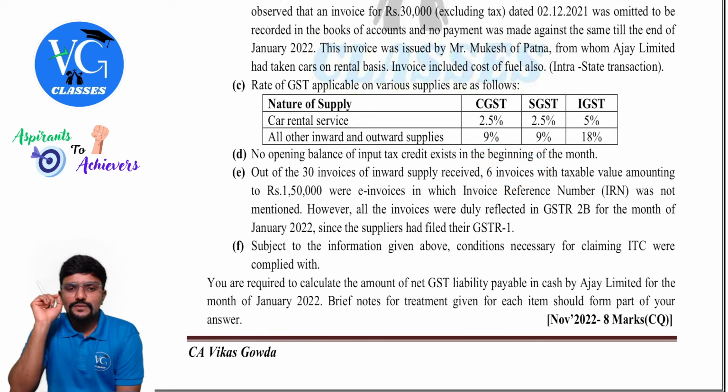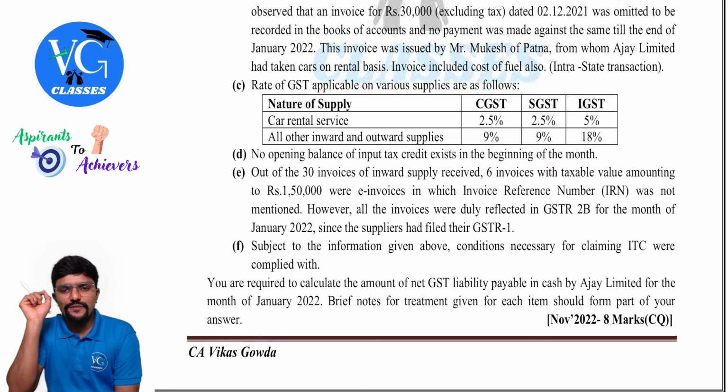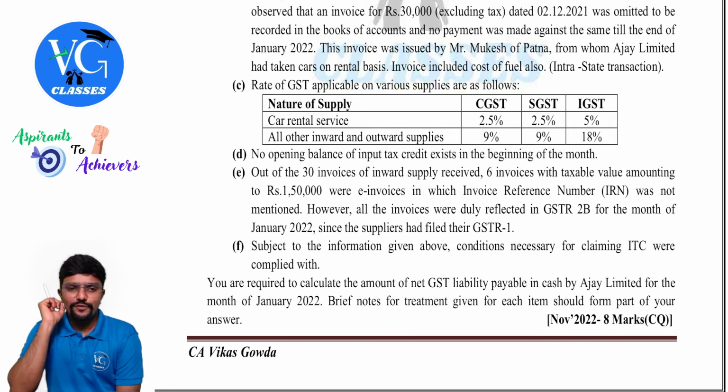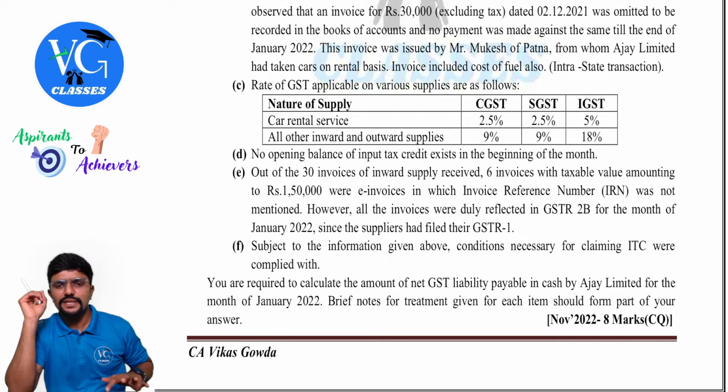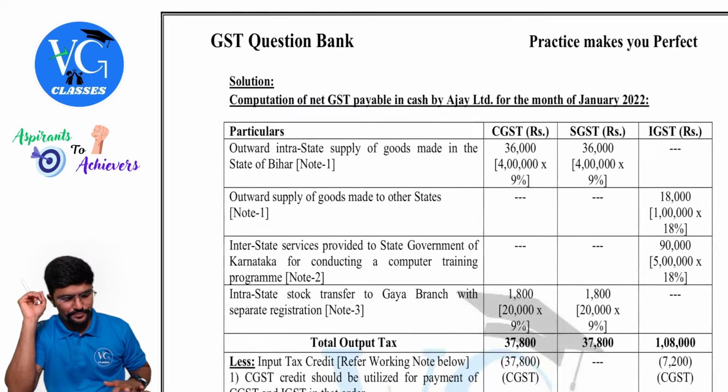However, all the invoices were duly reflected in GSTR 2B for the month of January since the suppliers had filed their GSTR 1, guys. Subject to the information given above, conditions necessary for claiming ITC were complied with. You are required to calculate the amount of net GST payable in cash, guys, for the month of January.